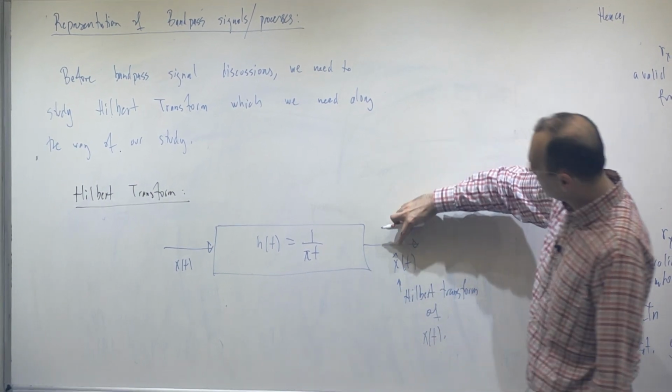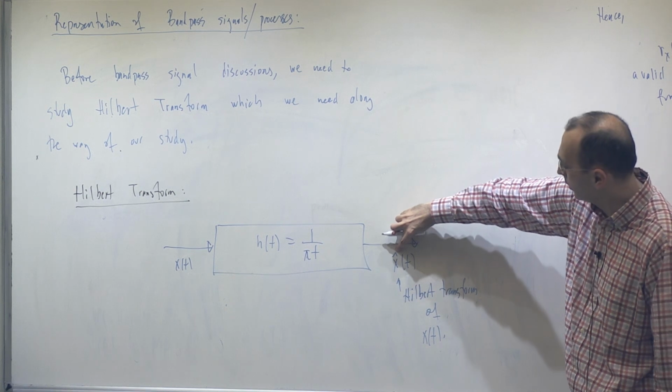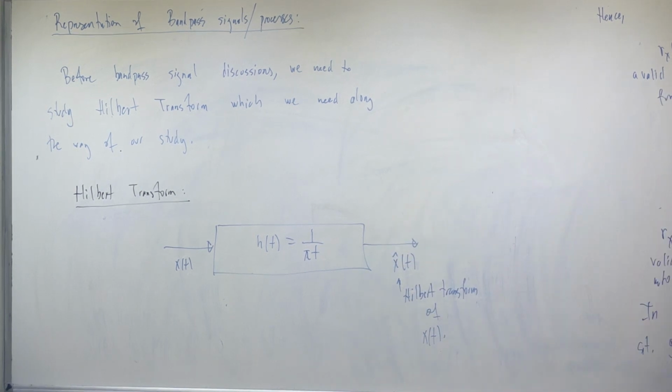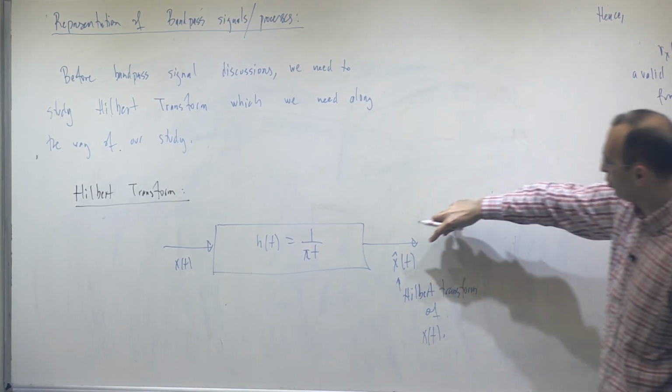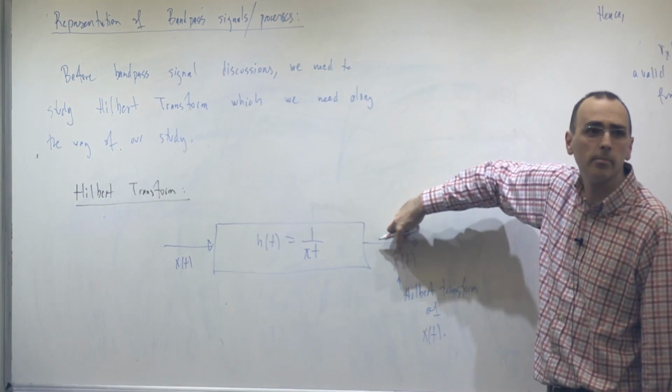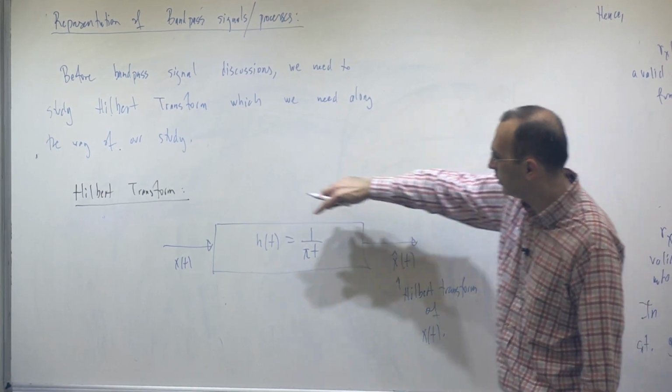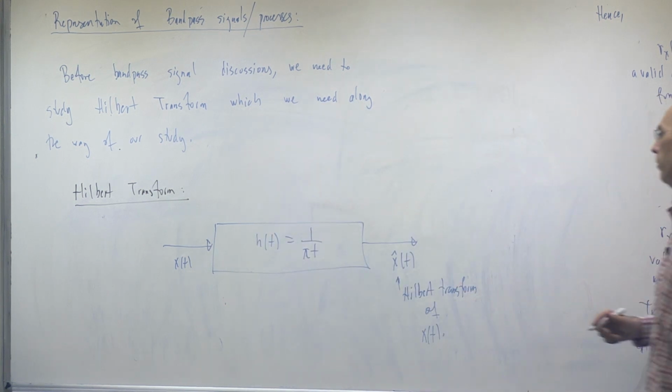We'll be using this hat over here to denote Hilbert transforms. Previously, maybe in note number 2, I have also used hats for the estimates. But this is not an estimate. This is the output of this block. It's called the Hilbert transform of x of t.